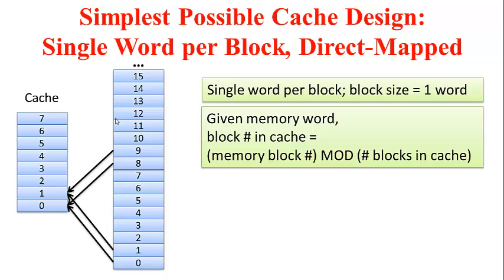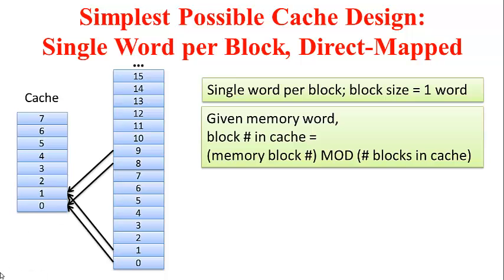In this simplest design, what we are going to do is, given a memory word address, we are going to say that the block number in cache corresponding to that word address is going to be nothing but the memory word number, which is the same as the memory block number, modulo the number of blocks in cache. In this example, since the cache size is of 8 words, every 8th word in memory is going to map to the same block in cache.